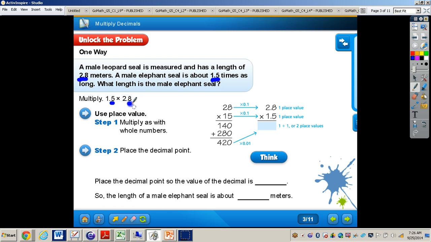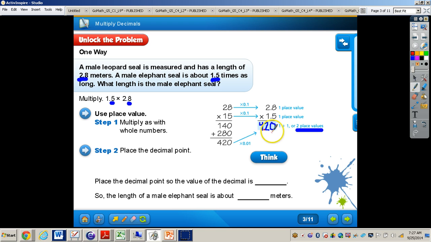How many digits to the right of the decimal do we have in 2 8/10? One place value plus one place value equals two place values. Okay, so therefore our 420 needs to have two place values to the right of my decimal. So we need to plop that decimal point right between the 4 and the 2.